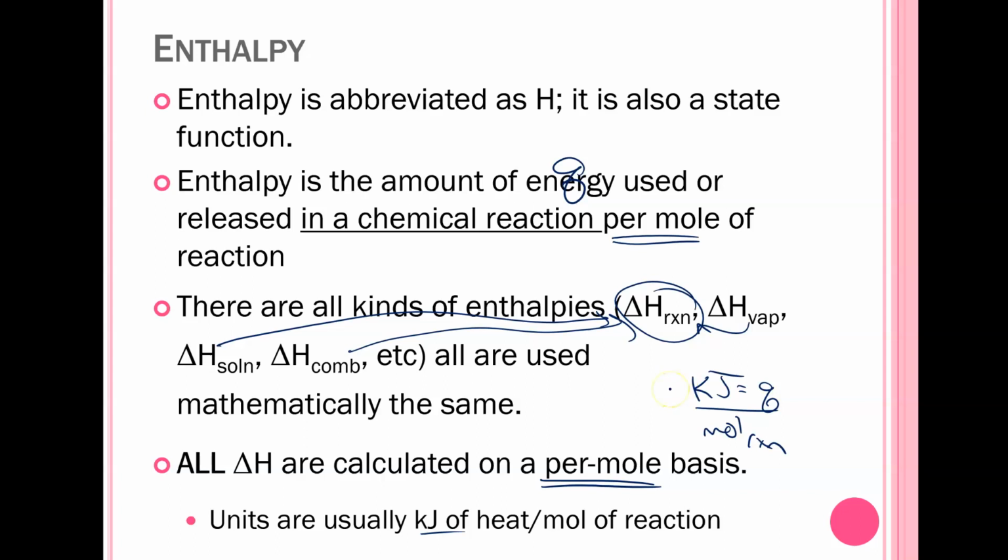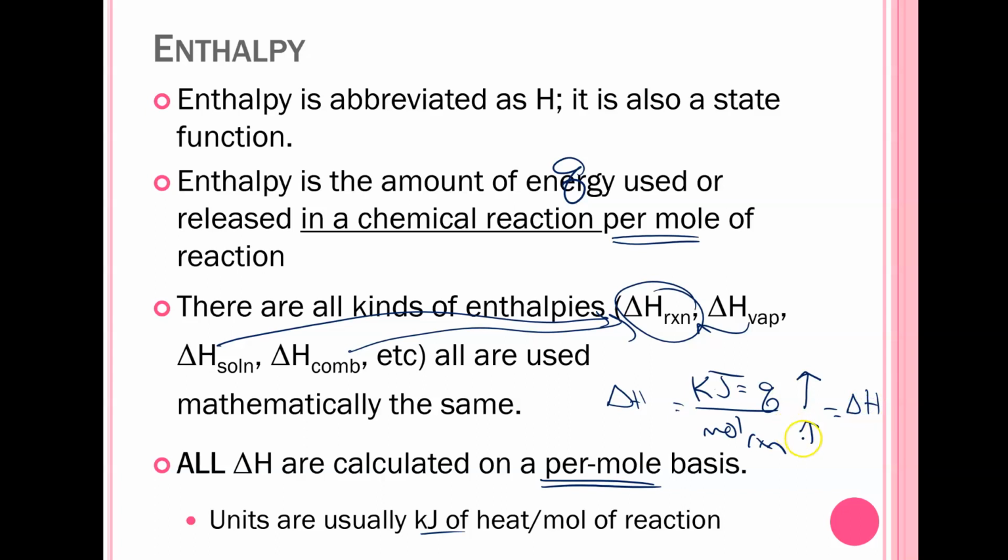I'm going to get a little bit of heat. When I take the amount of heat and I divide by how much natural gas I use, that gives me the enthalpy. But let's say I decide it's really cold outside and I'm going to burn lots of natural gas. Those moles go right up. But so does my heat. So that when I divide it out, it's still the same number. That's what makes it a state function.